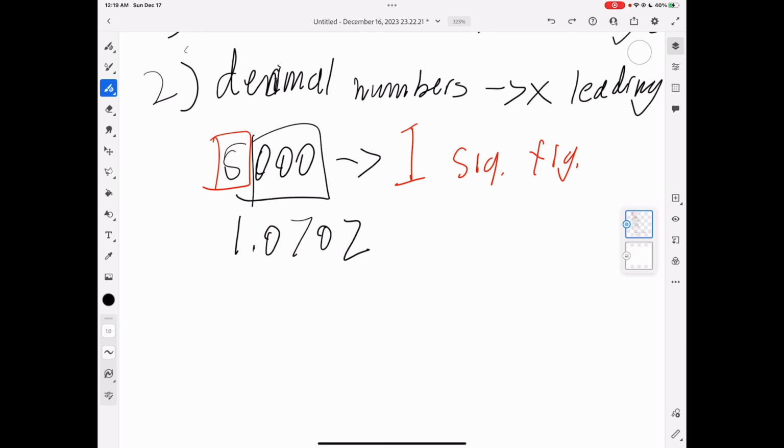Well, since there's no leading zeros, since this is a 1 and this is not a 0, we say that there is 1, 2, 3, 4, 5 sig figs.